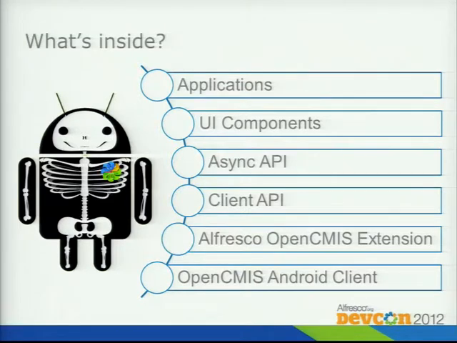On top of that, we add the Asynchronous API, because when you implement a solution for a mobile device, you must have an asynchronous API. I will explain later why. On top of that, the UI components, so it's great to have information, but it's better if we can display it inside your Android device. And of course, when you have all of this, you can create your own application, the application you want to implement and to display.